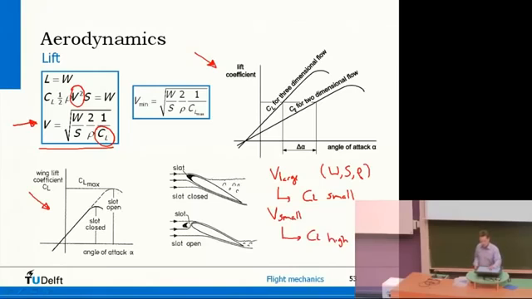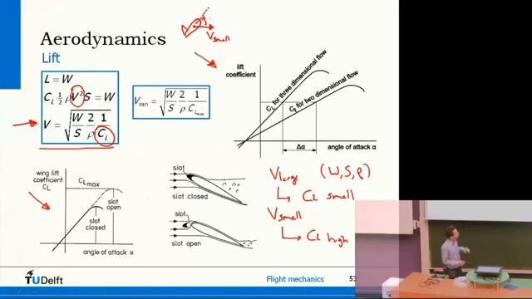So that means that if you're flying slowly, and I'm exaggerating this picture a bit, but if you're flying horizontally with a small speed, then the nose of the aircraft should have quite a large angle with respect to the oncoming airflow.